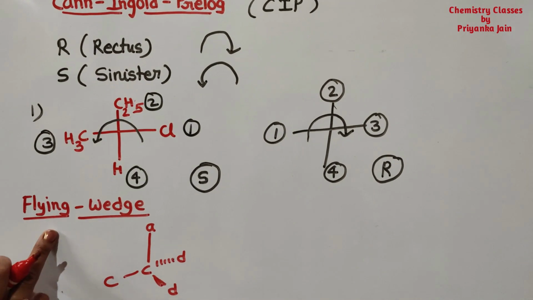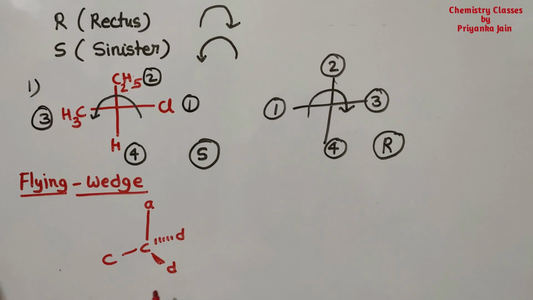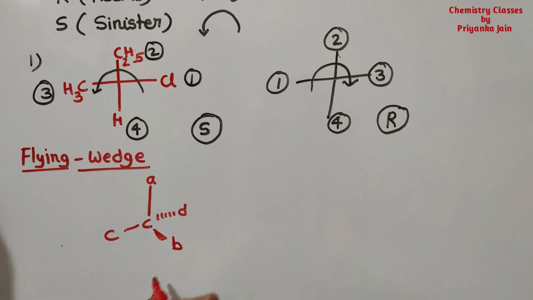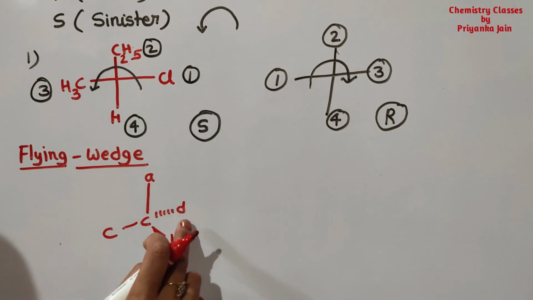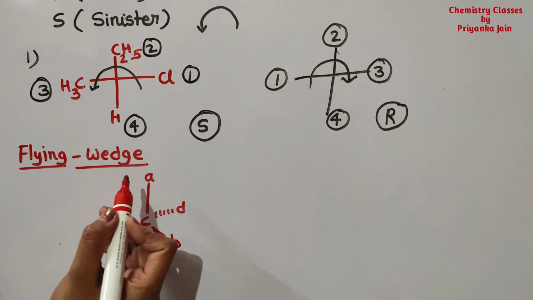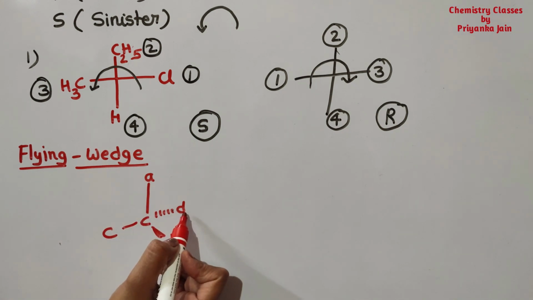In the flying wedge formula, you know that this group is below the plane and this is above the plane. This will be B and this is D. Clear? So see here, this B group is above the plane and this D group is below the plane, right? So we have to see from the side of the fourth priority group. This is the first priority group, this is second, this is third, and this is the fourth one.